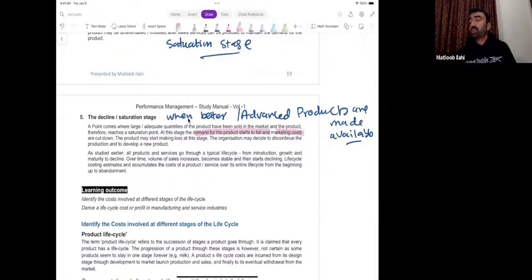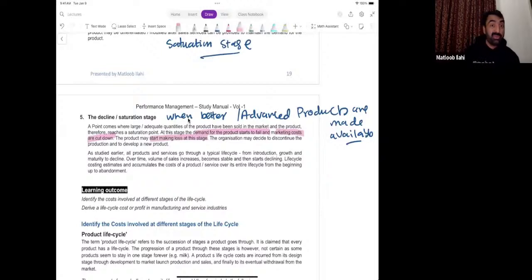And marketing costs are cut down because demand is falling. So marketing cost will also be reduced. The reason is that marketing costs are incurred where a business or a brand has hope to sell more. But when you know that it is difficult to sell more, then there's no reason to spend more on marketing. So the product may start making a loss at this stage.